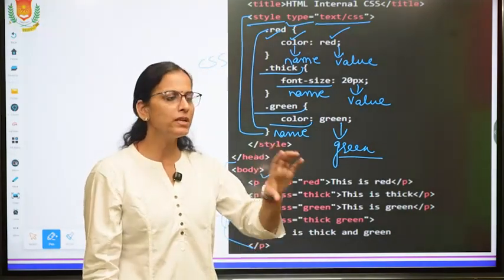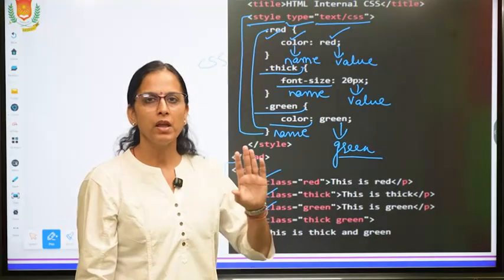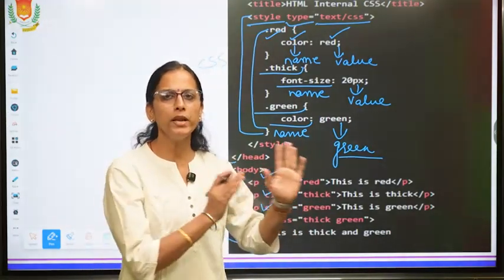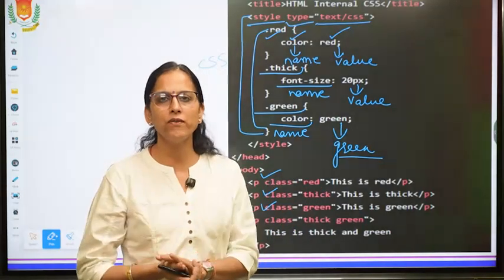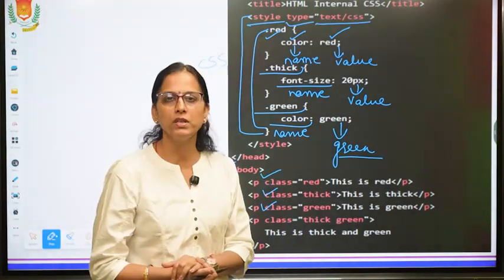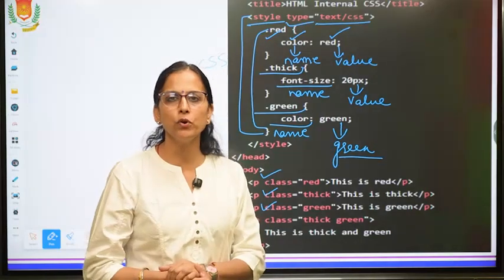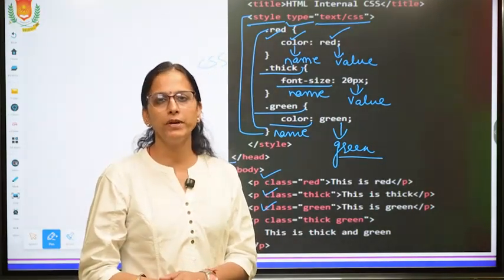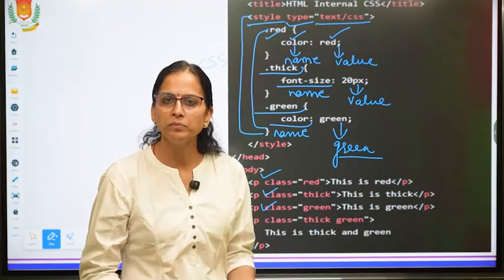Now the pattern is set, that format is set. We just need to link the file in the header section with the help of the link tag, and the entire pattern will be followed and applied to your contents.